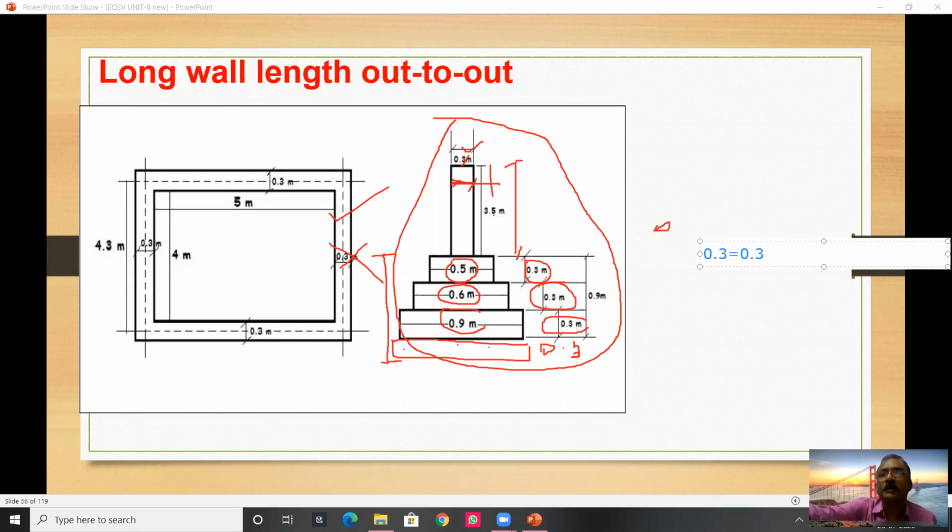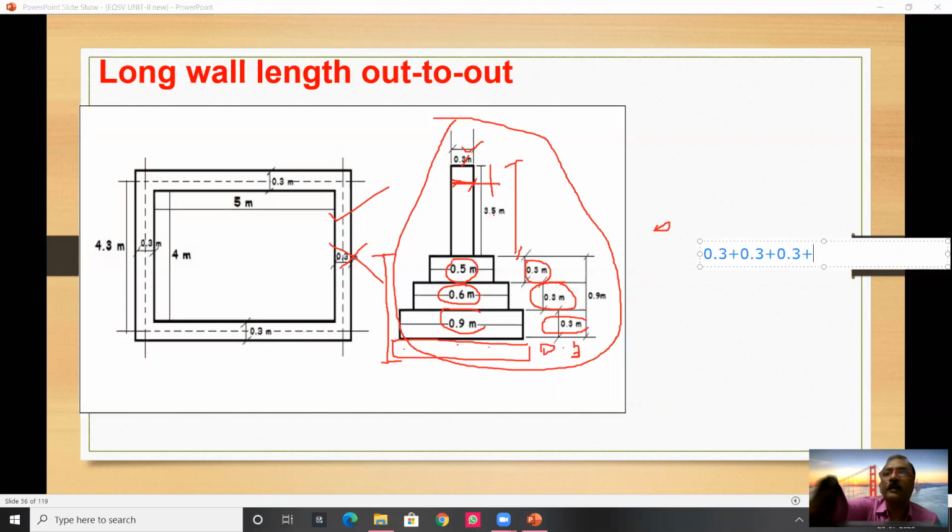Maybe sometimes it may be 2 or 3. Here plus 0.3 again, plus again, plus again. Here 0.3. Right? See, 0.3, 0.3.